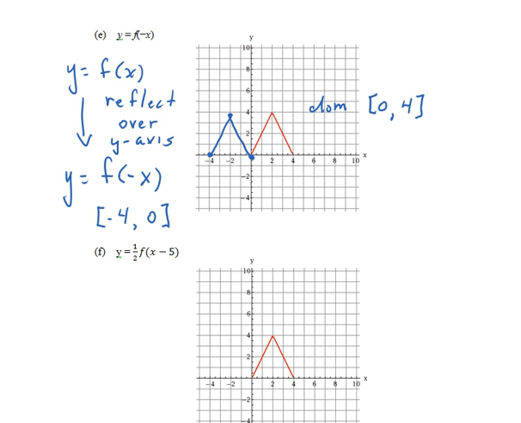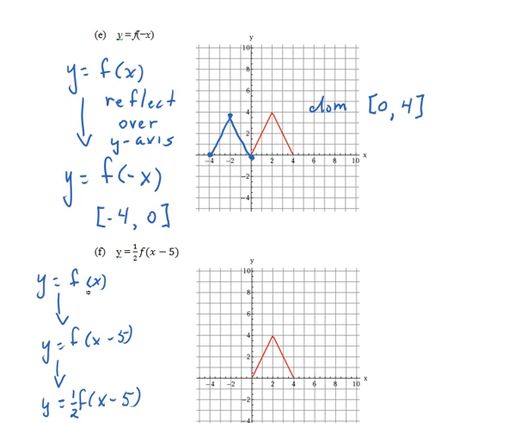And in this last example, we start with y equals f of x. We replace the x with x minus 5, and then we replace f of x minus 5 with f of x minus 5 times 1/2.